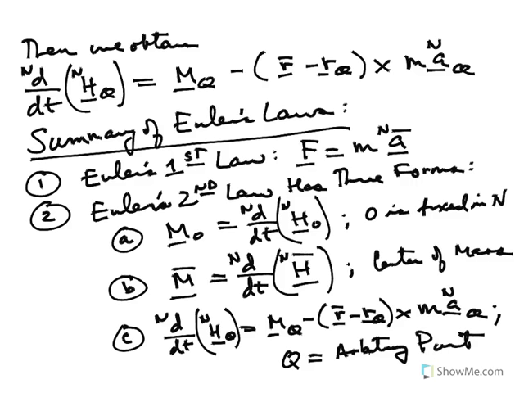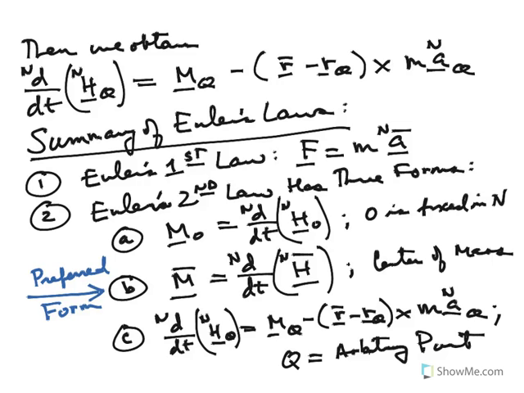Okay, now I want to focus on one thing here, that this form right here is the preferred form. So when you're doing problems in rigid body mechanics, the one that you want to use most often is the one where you're dealing with the center of mass.